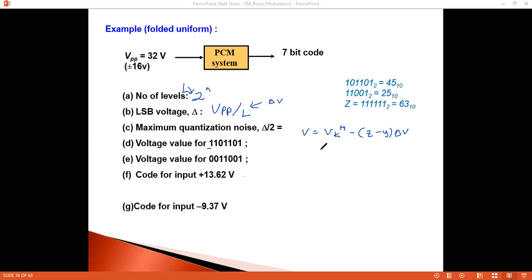In order to find VKH, we need to use Vmax minus delta V over 2. Our Vmax in this case is plus 16 delta V over 2. We have already calculated this in our last example.